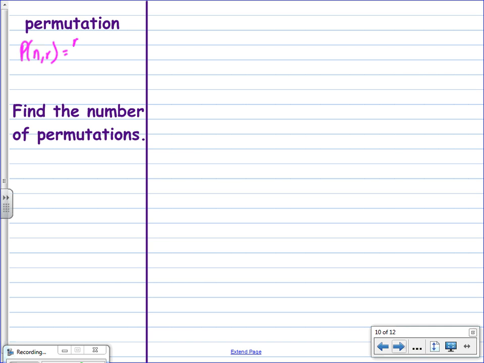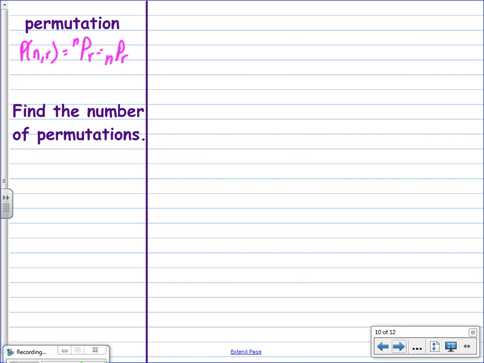Another way is the little n up here, a big P for permutation, and an r. And then the one that you see the most really is nPr. And that's the one you'll find in your calculators, nPr. And then what you need to know is, what do those mean? P is permutation. n is the number of things.